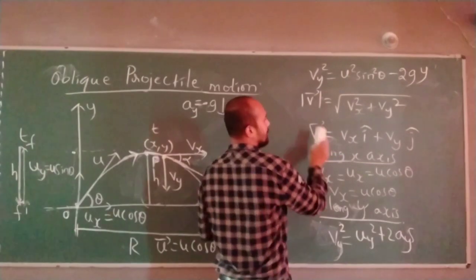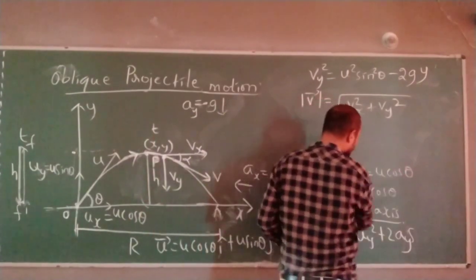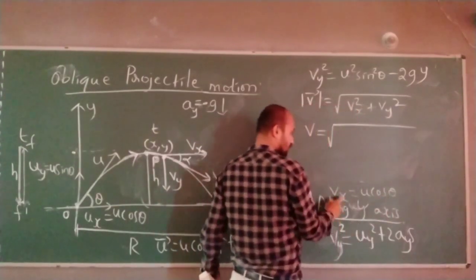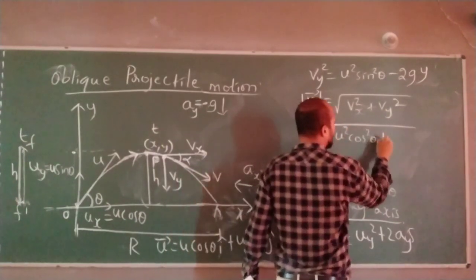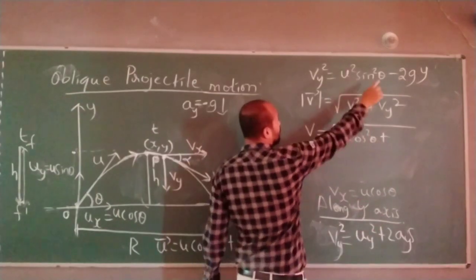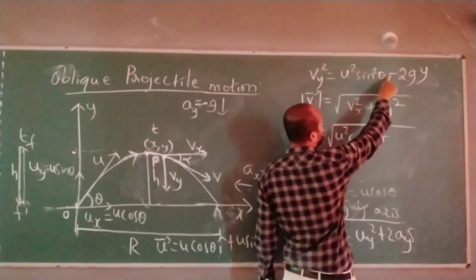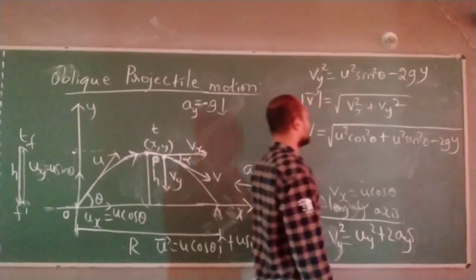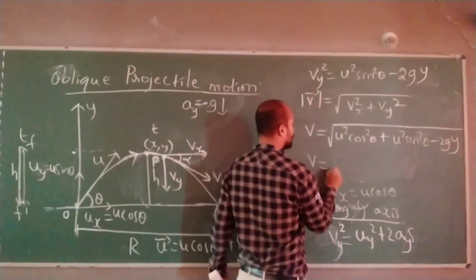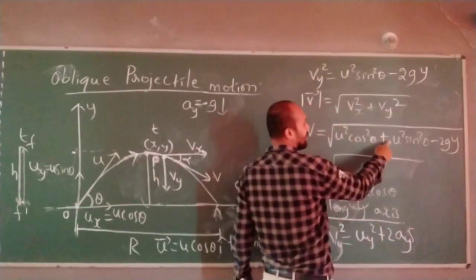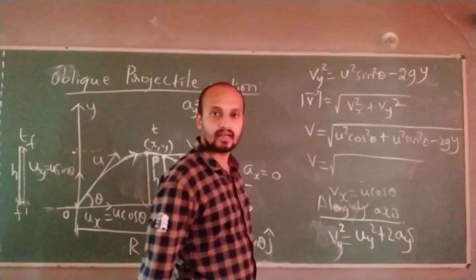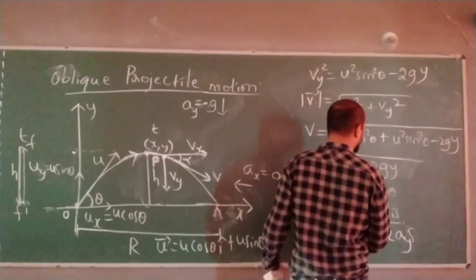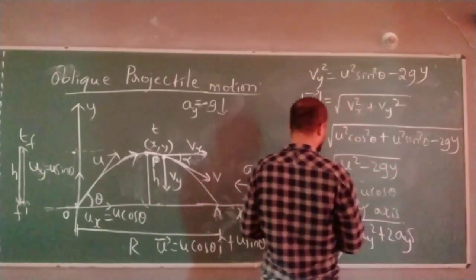So mod V is the root of u square cos square theta plus u square sin square theta minus 2gy. Taking u square common, sin square theta plus cos square theta is 1, so V is equal to root of u square minus 2gy.